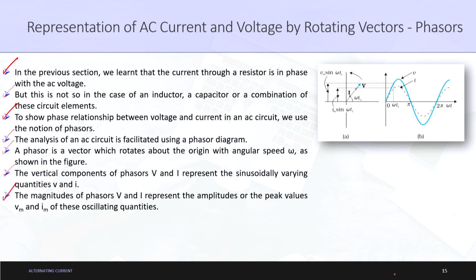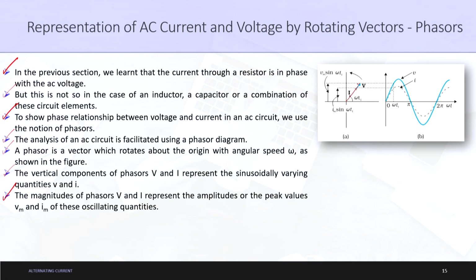The magnitudes of phasors capital V and capital I represent the amplitudes or the peak values Vm and Im of these oscillating quantities. You can see clearly we already know that the value of capital I is nothing but Vm by R. So, it is a little smaller. The length of capital V is on the higher side and the length of capital I is on the lower side.